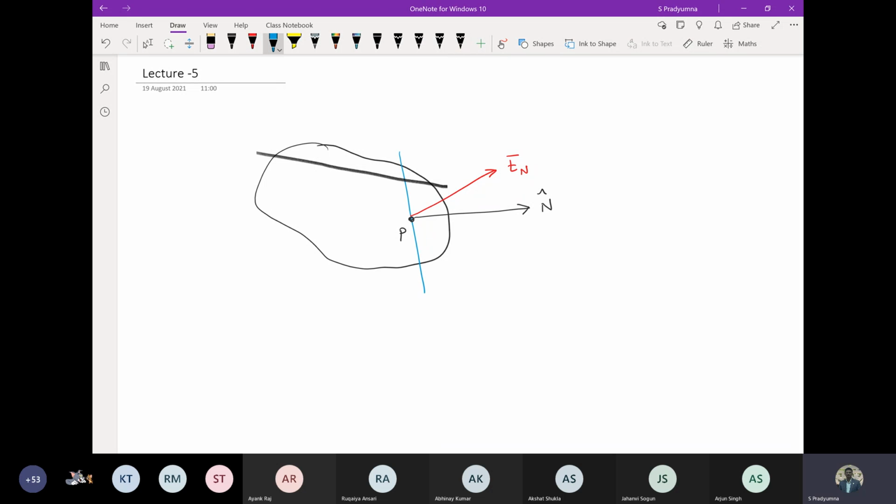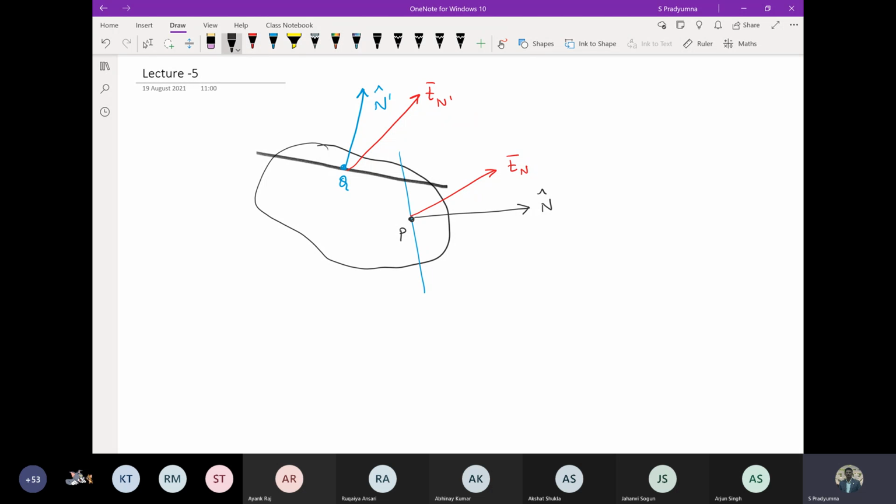On this plane, I consider a point Q. This has a normal, I call this n dash cap, and the resultant or the traction is T n dash. So these are the two planes I'm considering. Not necessarily are they orthogonal. The planes are arbitrarily chosen.